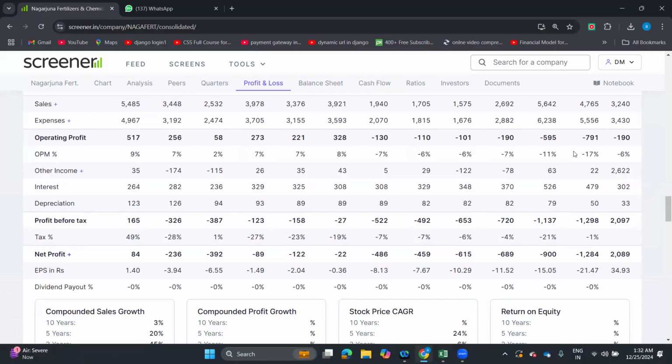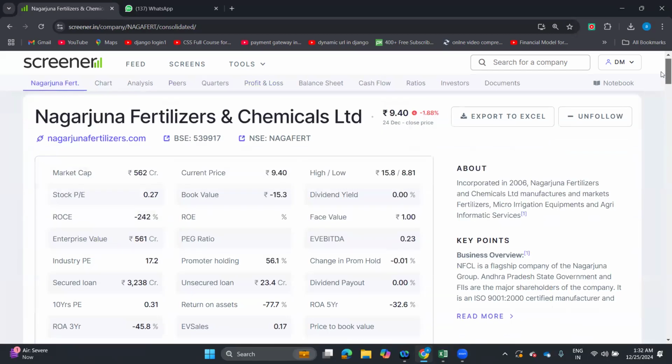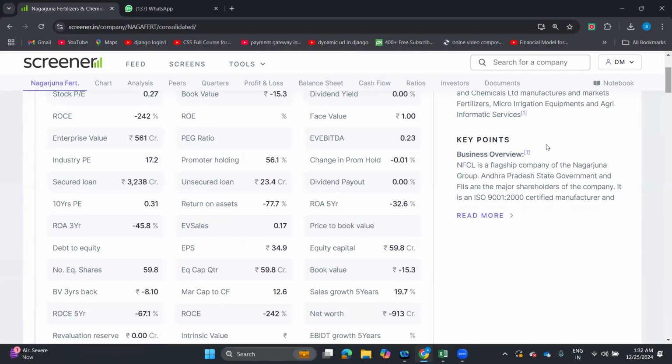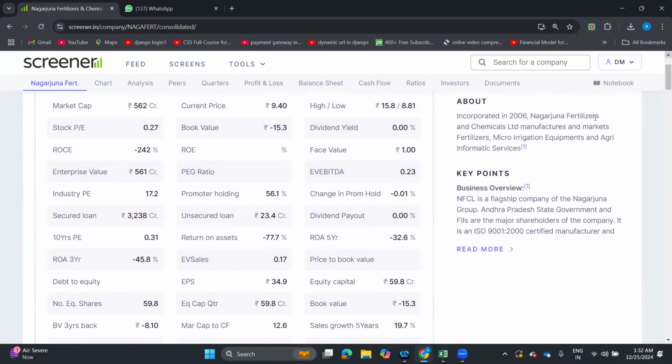Now we have to understand one more thing. As far as a fertilizer company is concerned, if it is a urea manufacturer, or even DAP manufacturers up to a certain extent, they are very much dependent on government subsidies. So let me find out what their product list is. Now the chemical manufacturers, micro irrigation, acha, fine.